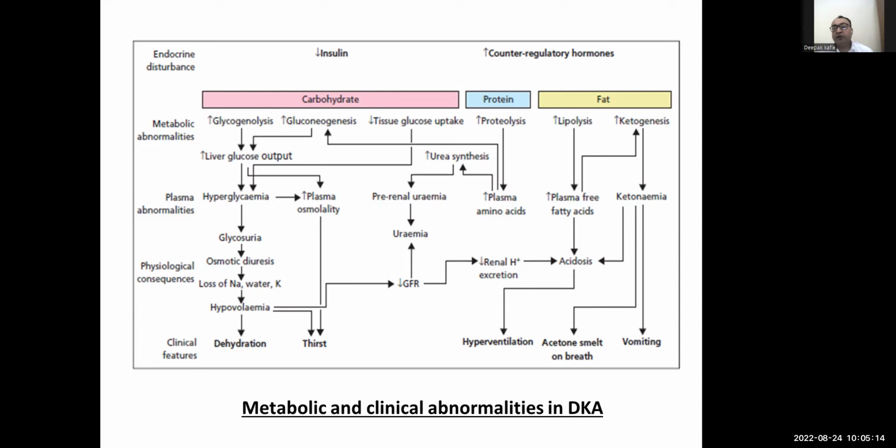Especially, if we recapitulate some of the important points in diabetic ketoacidosis, the level of the pH will decrease to less than 7.3. The blood glucose will increase to greater than 250 mg per deciliter.